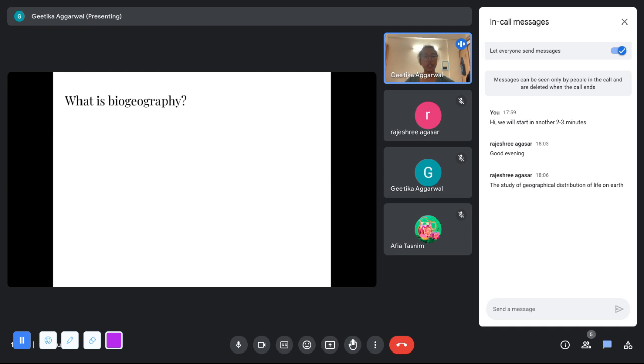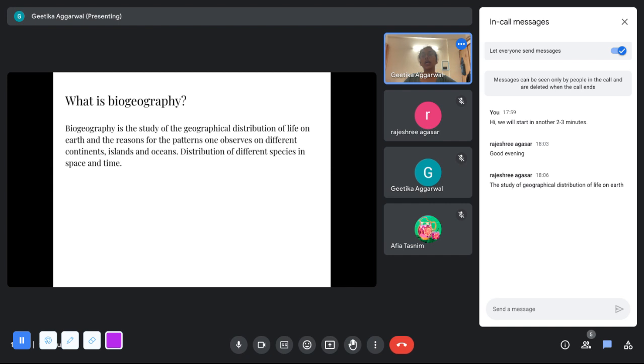Okay, so you're correct, Rajeshri. The study of geographical distribution of life on Earth. That is correct. We also look at the geographical distribution of organisms and the reason behind it. We look at the various reasons behind the patterns we observe about why some species are found in only certain specific areas.